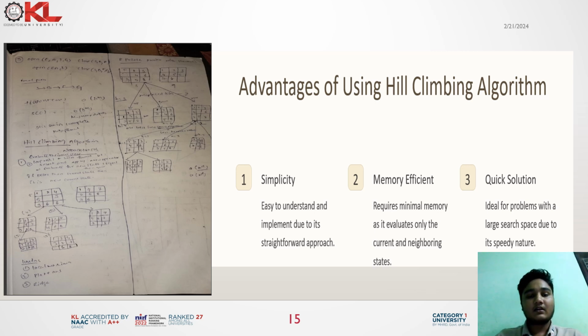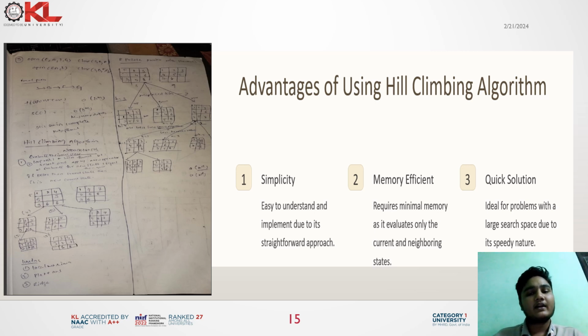Here the goal is to find the best solution from a set of possible solutions. In hill climbing, the algorithm starts with an initial solution and iteratively makes small changes in order to improve the solution. These changes are based on a heuristic function that evaluates the quality of the solution.